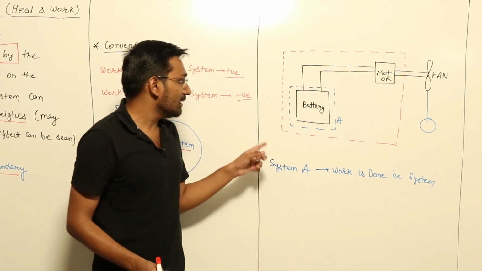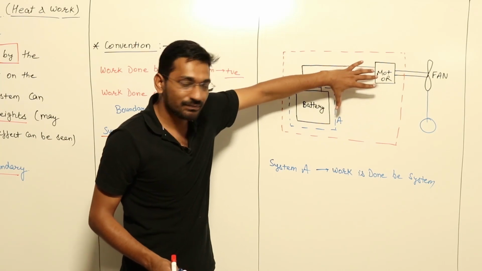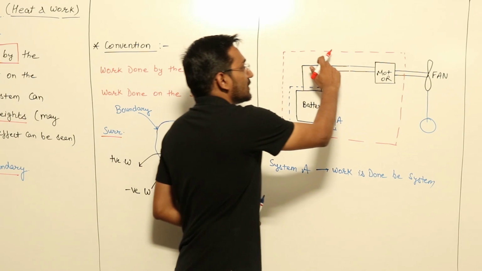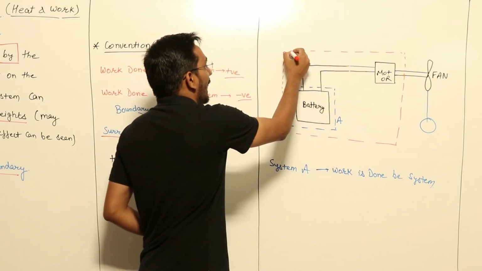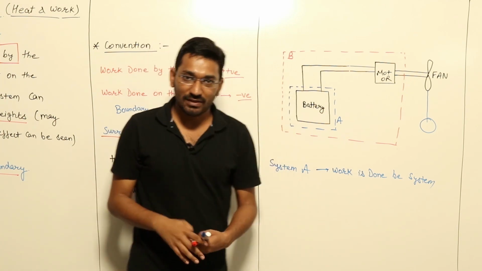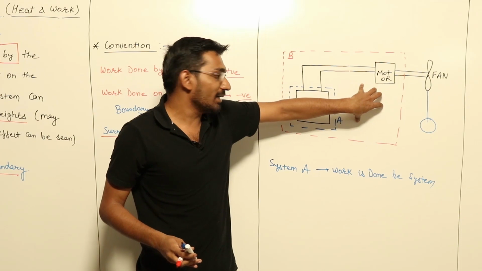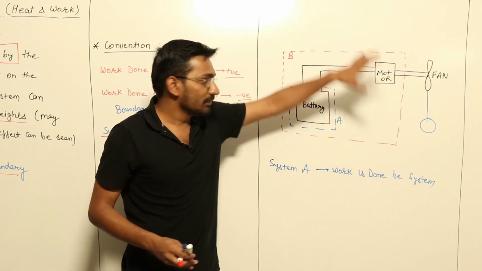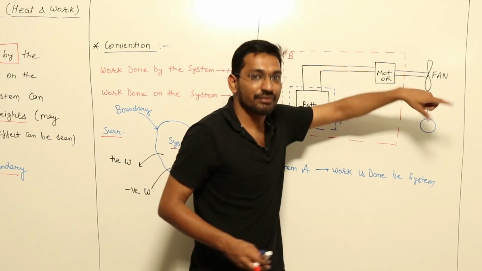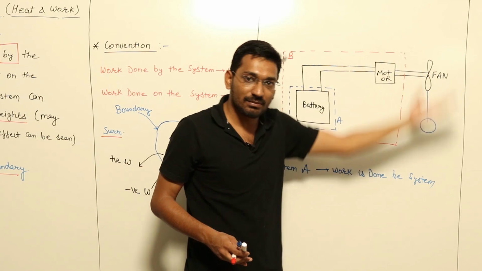Now let us take this motor and battery as our system. Anything external to this is our surrounding. So this red dotted line is your boundary, and suppose this is our system B. Now the things external to this are the fan, which is rotating because of the motor, and the weights, which can be raised and lowered.